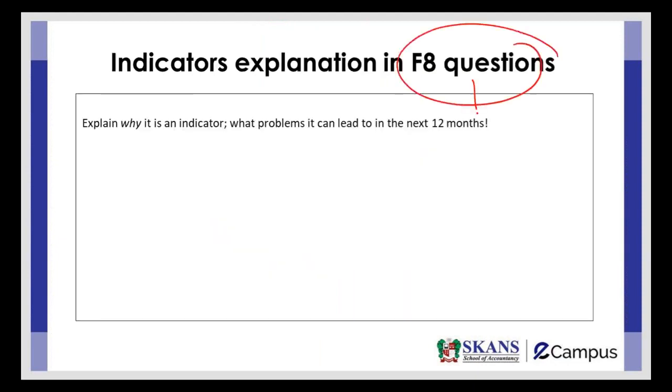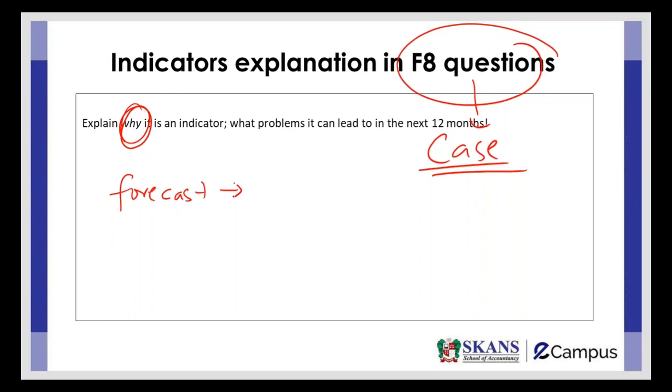In F8, you would be given a case. Please remember, you will not get marks until you explain why it is a problem, how it can cause issues in the next 12 months. So for example, if the forecast for the next 12 months shows a bad situation, this is just identification.